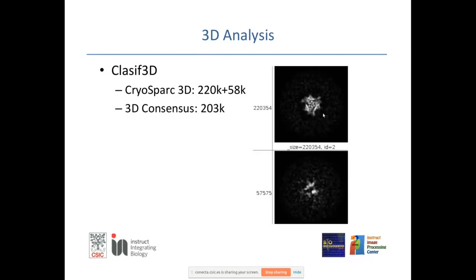But interestingly, and this you can do with the 3D consensus in Scipion, the 220,000 particles that go to one class are not the same 220,000 particles that go in the second run. The ones that go together are only 90% of them.